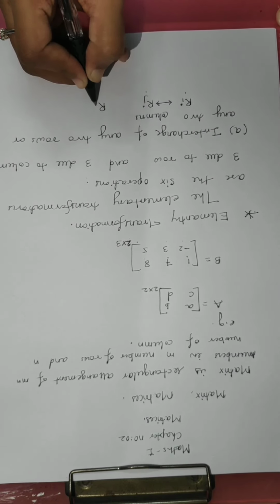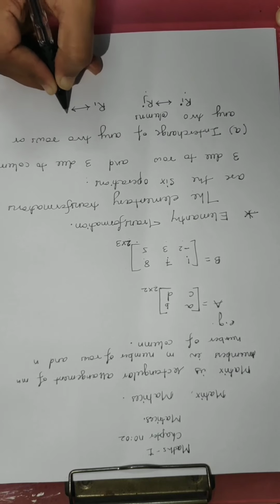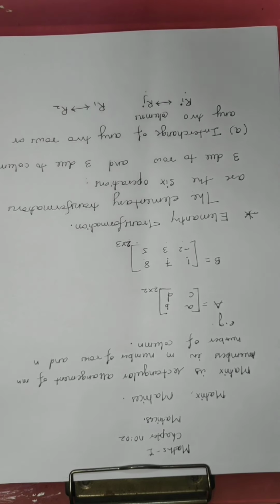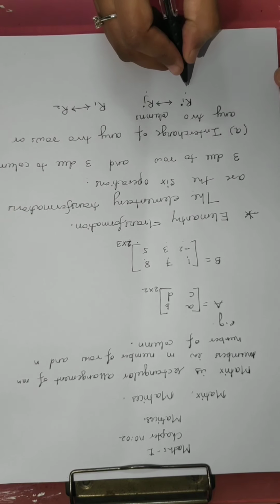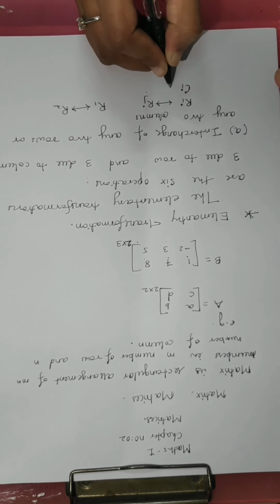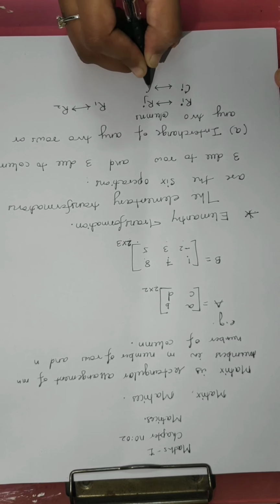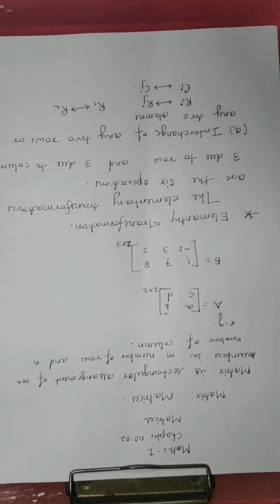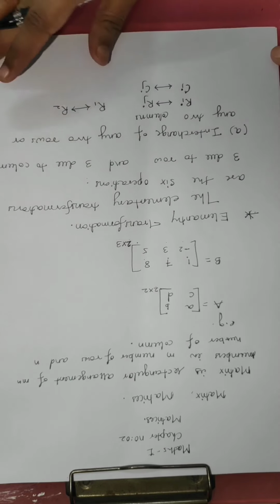Like R1 interchanges with R2. That means what? Row 1 and row 2 are interchanging. Similarly, for the column, Ci interchanges with Cj. That means ith column interchanges with jth column. We see one example.